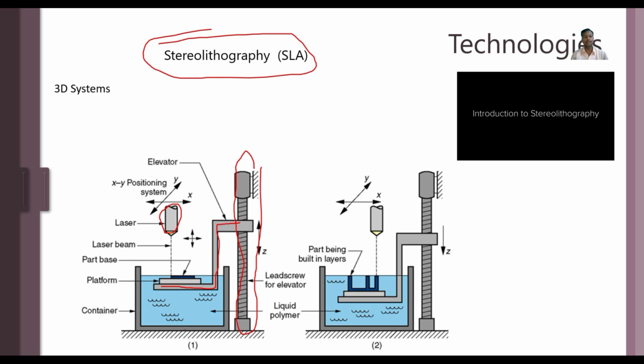Some of the companies like Formlabs, the laser will project from the bottom through the resin, where the required part gets built. In some other SLA based 3D printers, they have the laser projection system on the top.